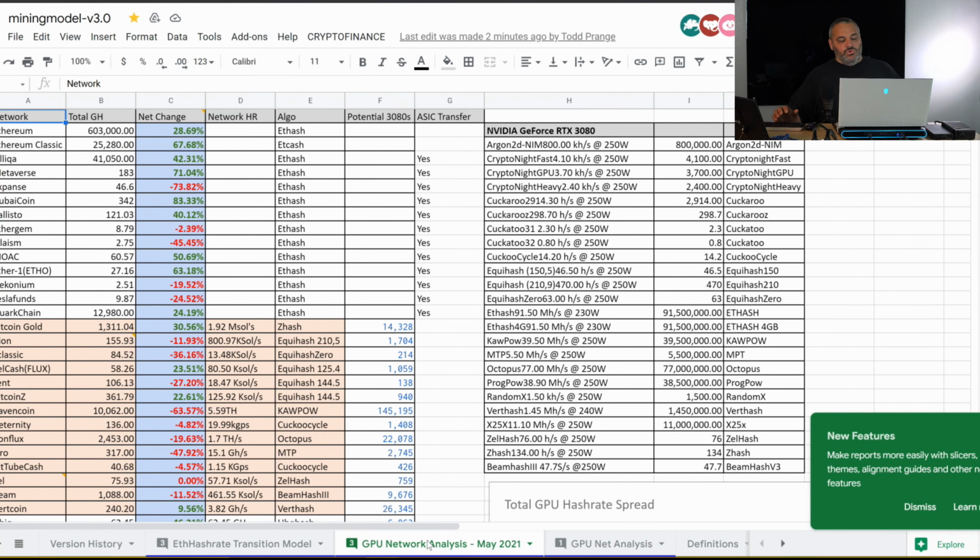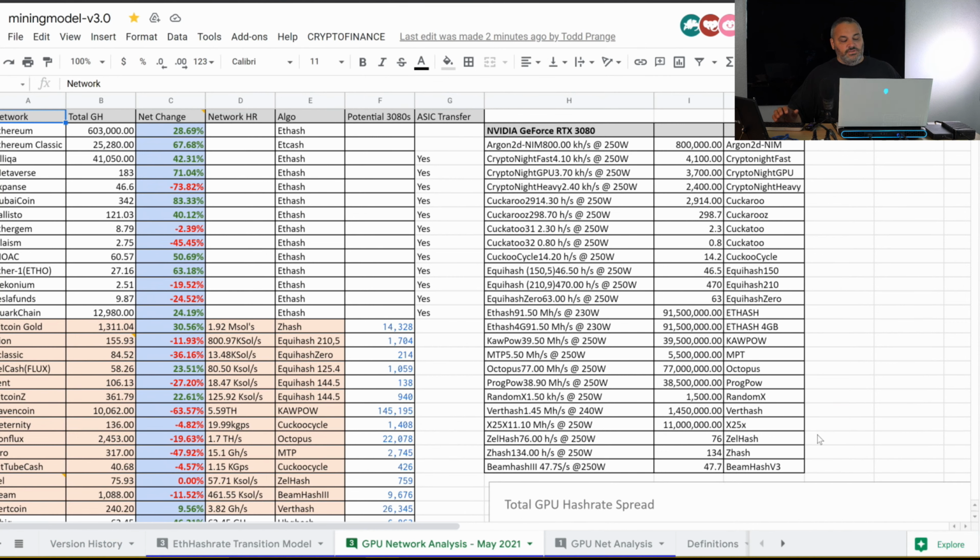When we go to the GPU network analysis, this was another tab done in the last analysis, and this is an update. I did this in March, and this is an update to March's initial review, and I've added a couple different columns here.